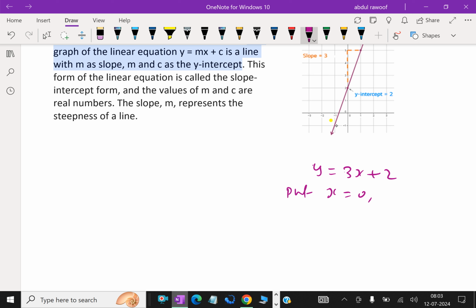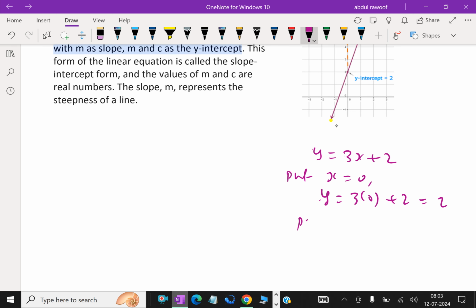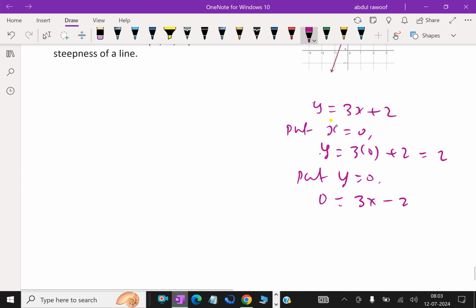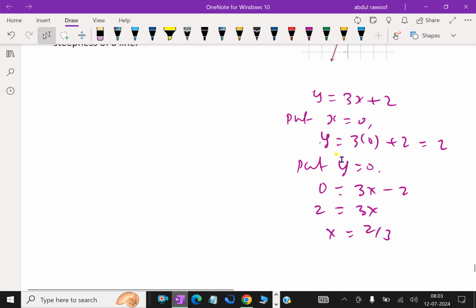Put x equals 0, then y equals 3 into 0 plus 2, which is 2. Put y equals 0, what happens for x? 0 equals 3x plus 2, then minus 2 equals 3x, so x equals minus 2 over 3. Therefore, these are the intercepts.